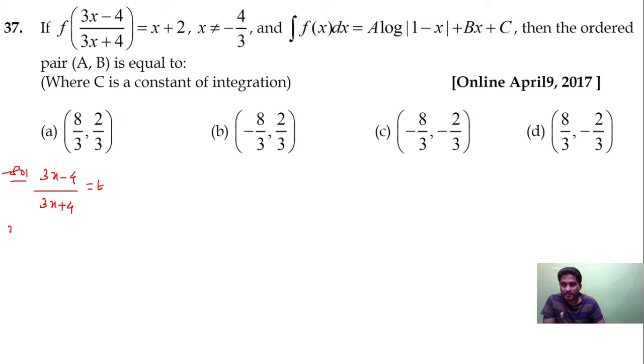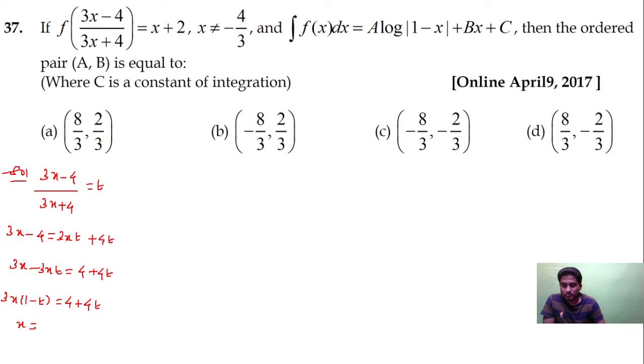If I cross multiply, you get 3x minus 4 will be equal to 3xt plus 4t. Now I can write this as 3x minus 3xt is equal to 4 plus 4t. I'm going to take 3x common. You will get 3x into 1 minus t is equal to 4 plus 4t.